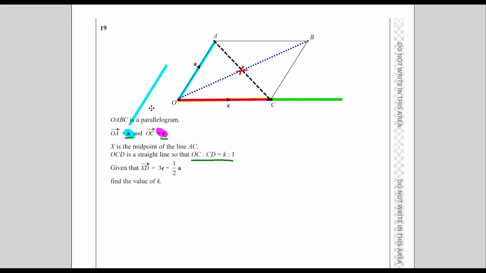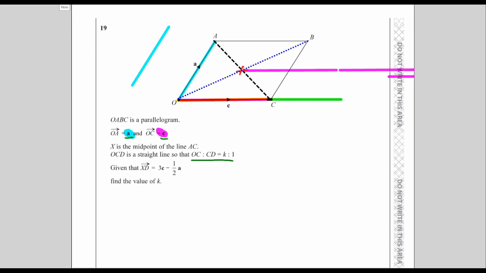Just means that that's how far you go and that's the angle you go. Vector c we can have anywhere, it just shows that's how far you go, that's the angle you go. We're going 3c from X, so 1. Oh, we're going to go off the page at this rate. 2, and another one right over here. 3, all in a straight line. Doesn't even fit on. Minus a half a.